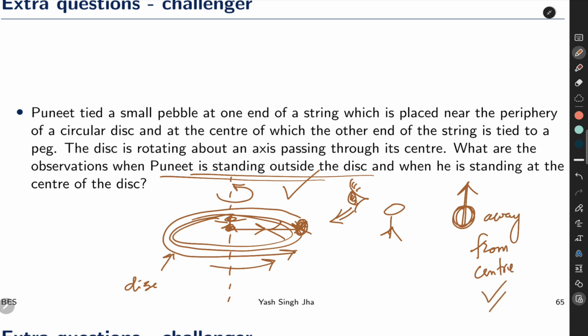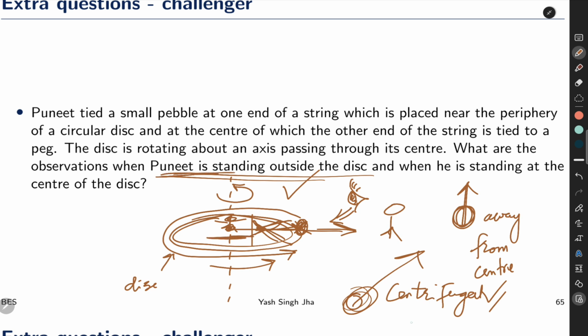You will see the tension force pulling the stone in, and a tendency of the stone to fly away. If the string is cut, the stone will fly away from the center, and that force is centrifugal force. Centrifugal force will be visible to Puneet only when he is standing in the center.